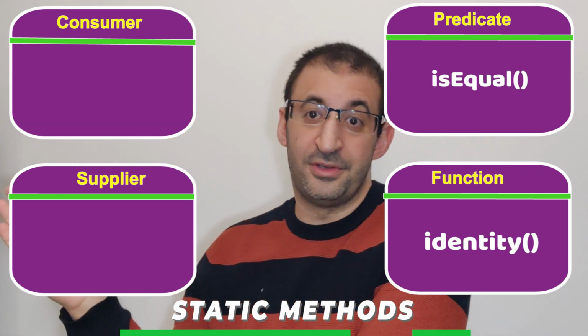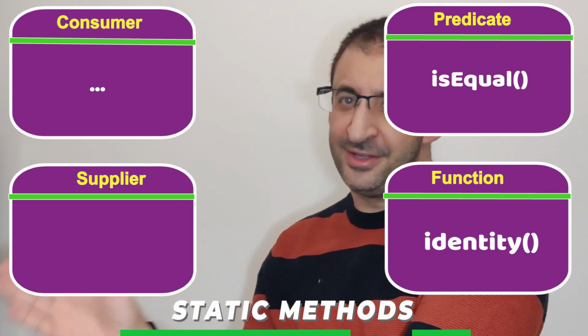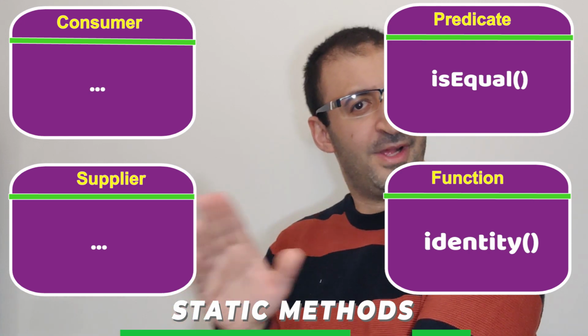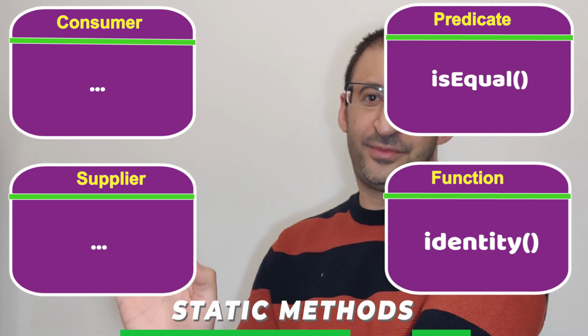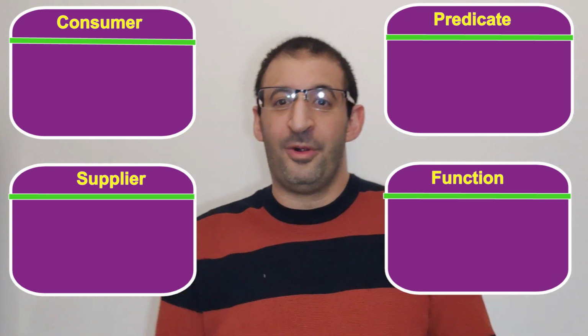For Consumer, there is no static method, and the same thing with Supplier. There is no static method. I hope that you have understood these four interfaces. Now you'll be more comfortable.